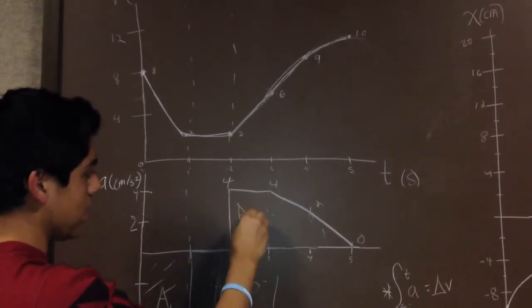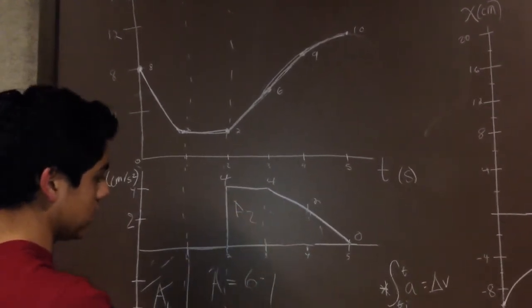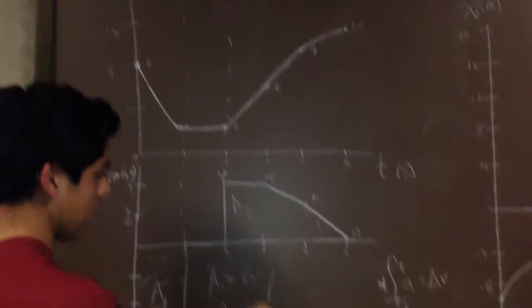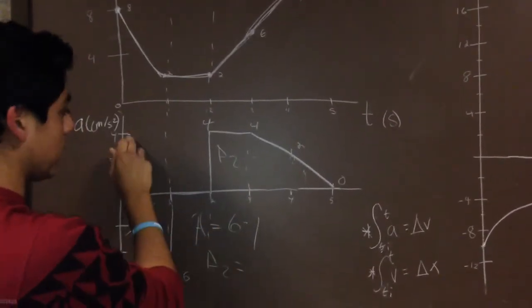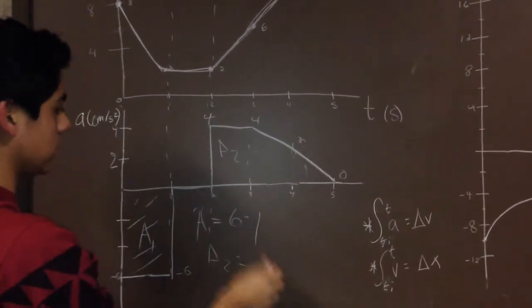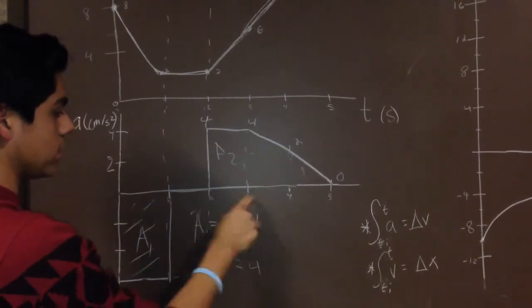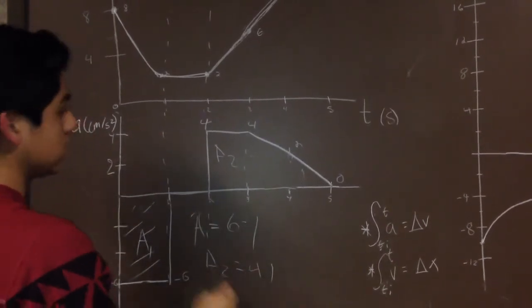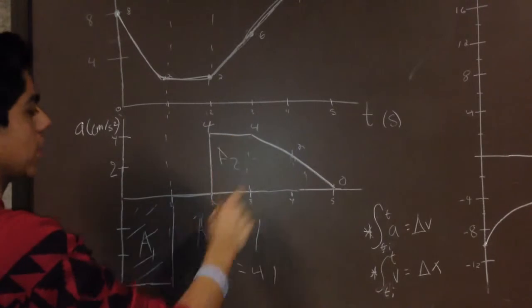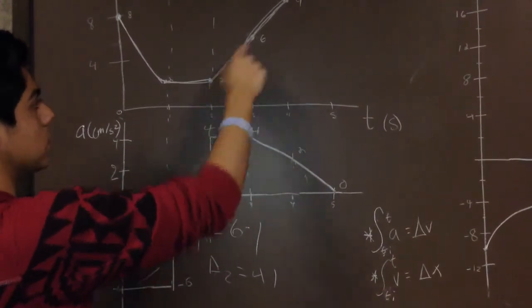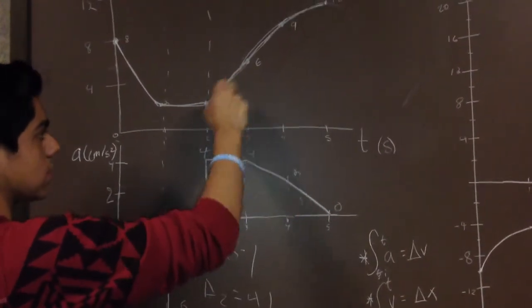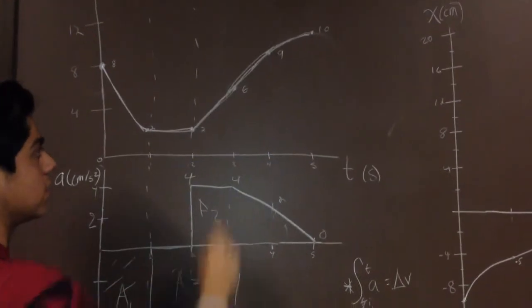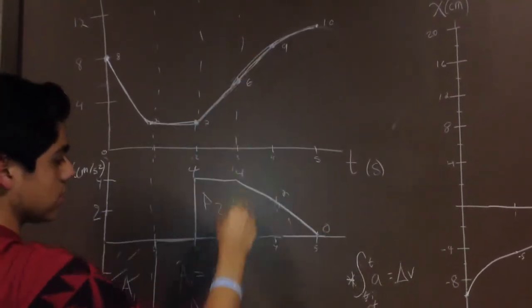So this is going to be A2, and A2 again is going to be 4 to 0, so that's 4, and then 2 to 3 times 1. So that's an area of 4, and since it's positive, you're going to go from 2 to 6, 2 plus 4 is 6, and draw a nice little line. And that is the first 3 seconds.